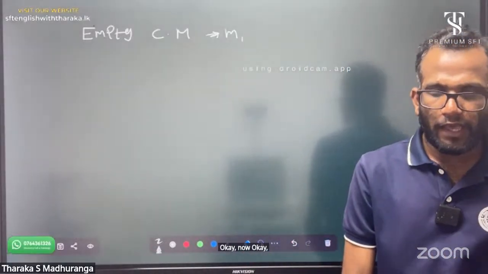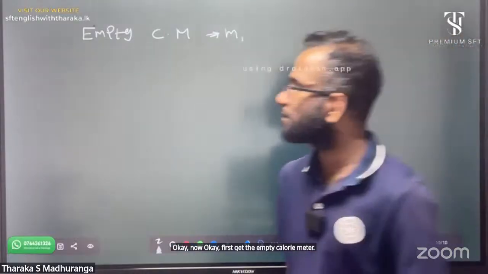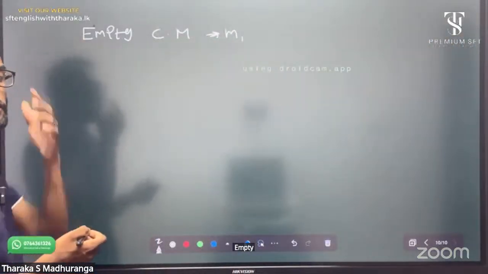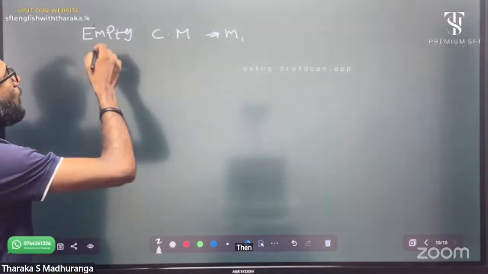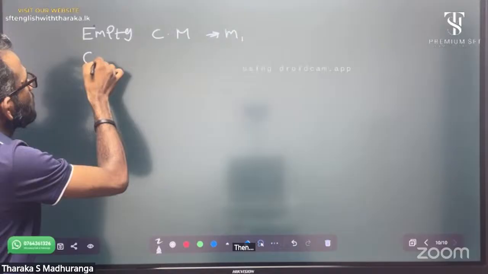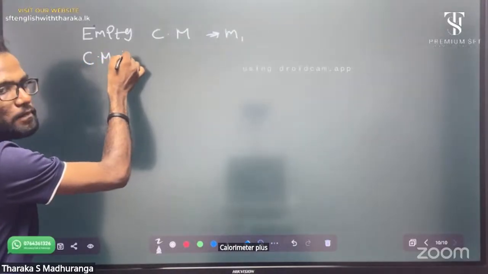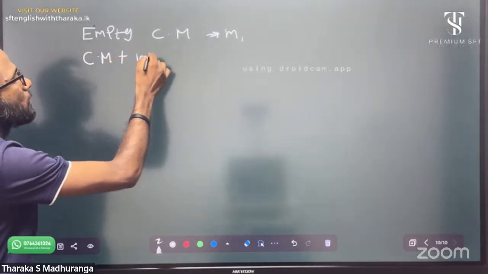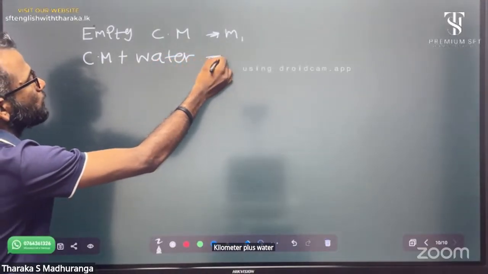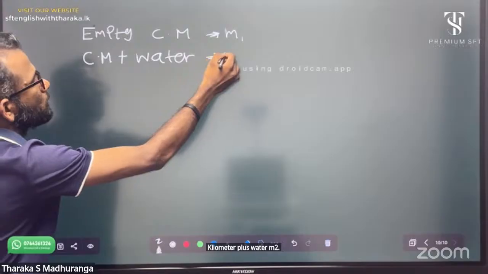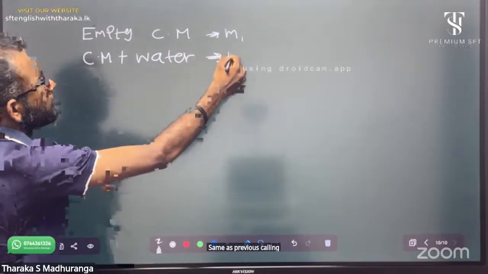Okay, first get the empty calorimeter. Empty calorimeter M1. Then calorimeter plus water, M2. Same as previous, exactly the same way.